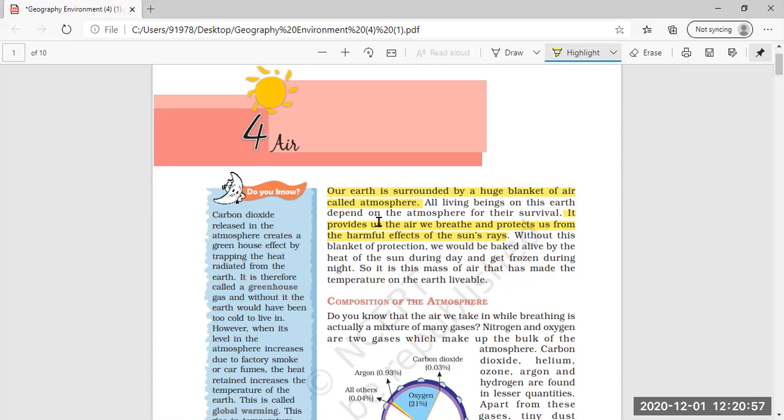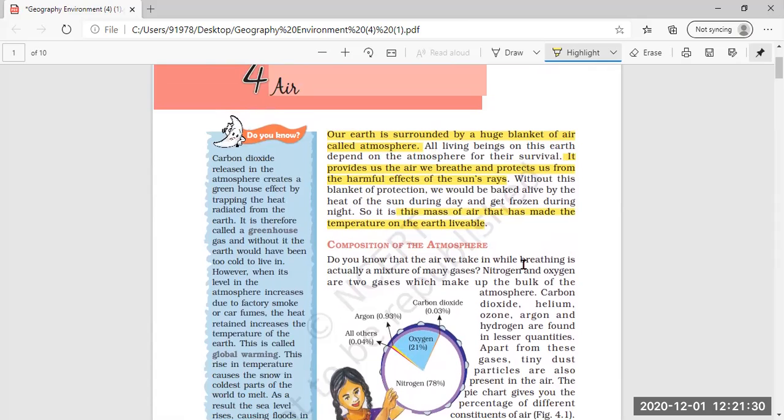Just because of this blanket of air, which is called atmosphere, the temperature on earth is livable for living beings. We are living on the earth just because of the presence of atmosphere. So you can underline this: the mass of air that has made the temperature on the earth livable.